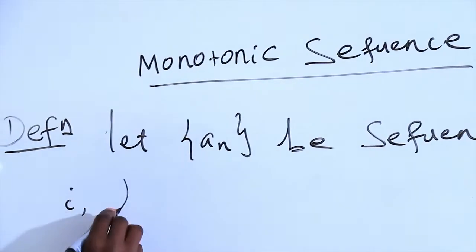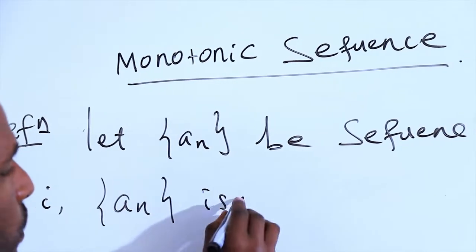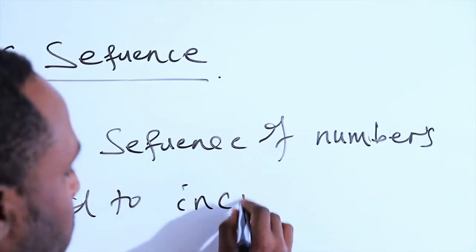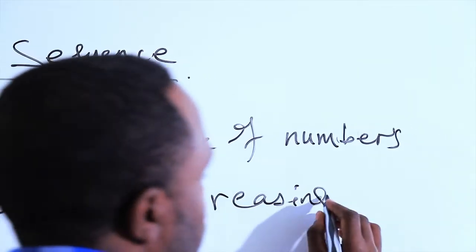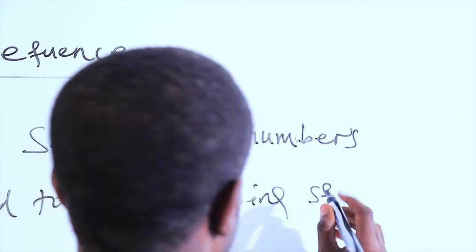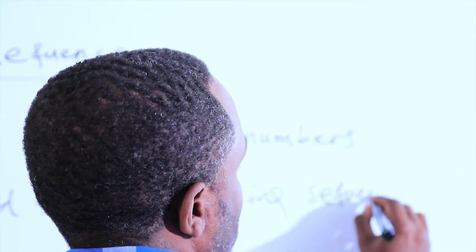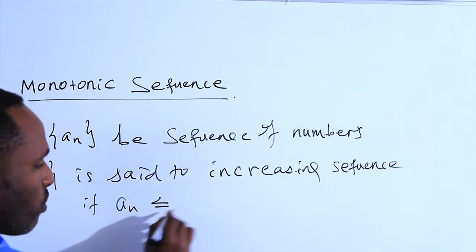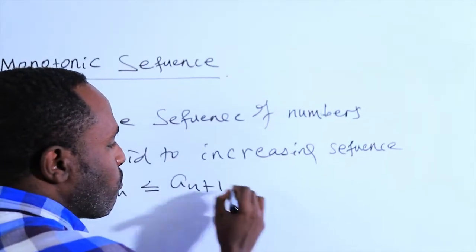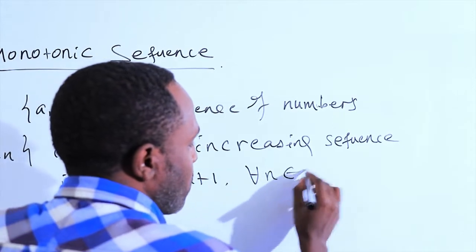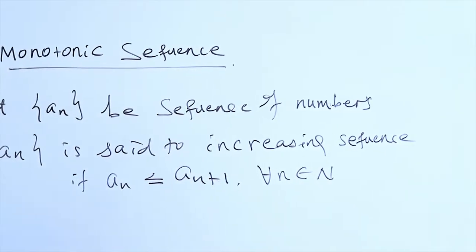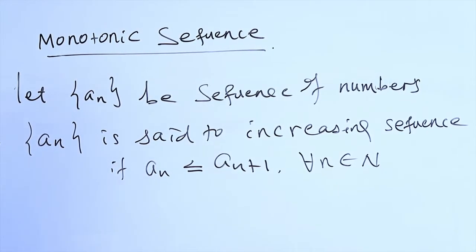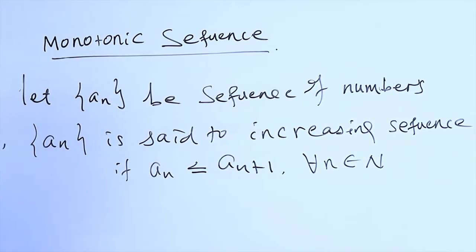First, the sequence AN is said to be an increasing sequence if AN is less than or equal to AN plus 1 for every N an element of N. An increasing sequence is a sequence or function that keeps increasing.